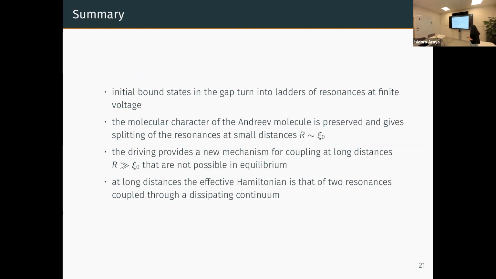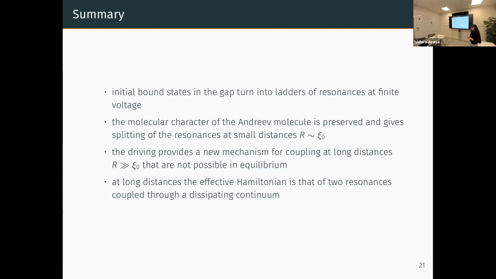So the main message I want to give is, yeah, once we turn on the voltage, we have this ladder of resonances. We have a molecular regime where the Floquet spectrum exhibits avoided crossings, and the subgap current also has its substeps here.